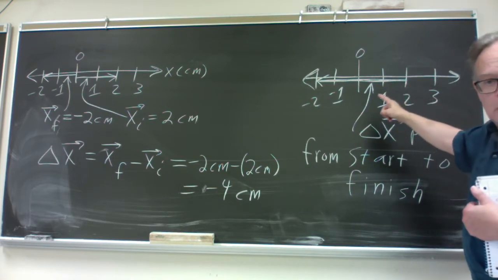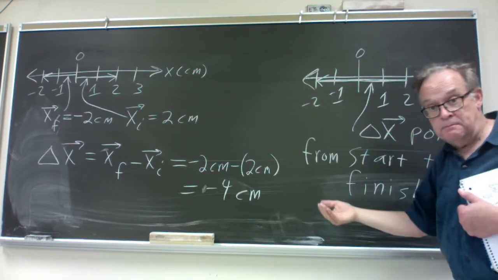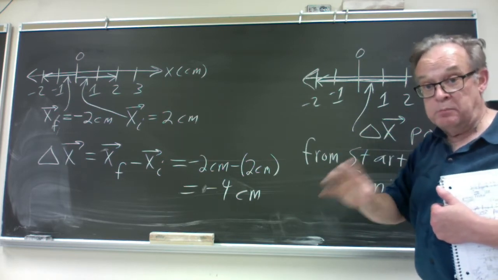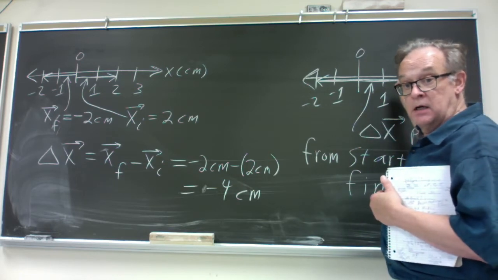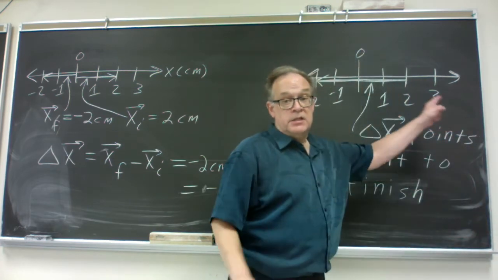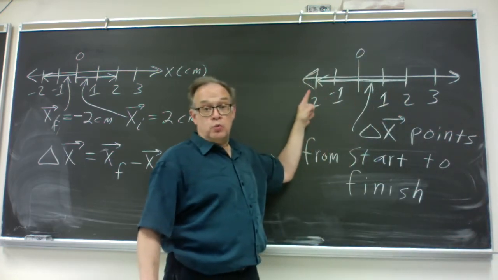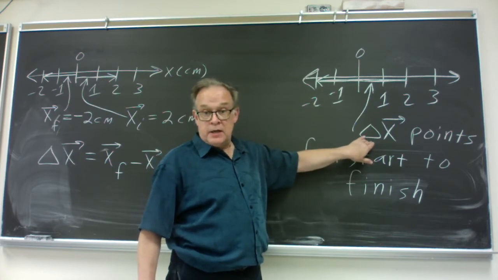One thing to remember about displacement vectors, and I already sort of implied it when I said that the direction of a displacement vector points from the start toward the finish, I say it again here.